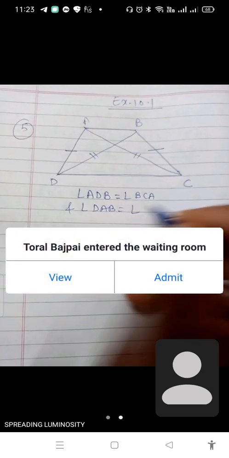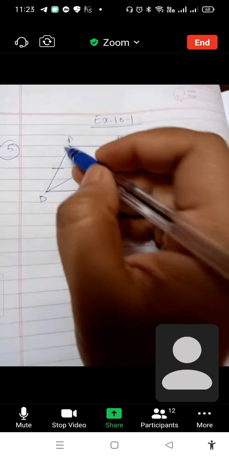You have to prove that angle ADB is equal to angle BCA and angle DAB is equal to angle CBA. What angles do you have to prove equal? Angle ADB, this is the angle ADB. Angle BCA, this is angle BCA. These two angles you have to prove equal. Angle DAB, this angle you have to prove equal to CBA.